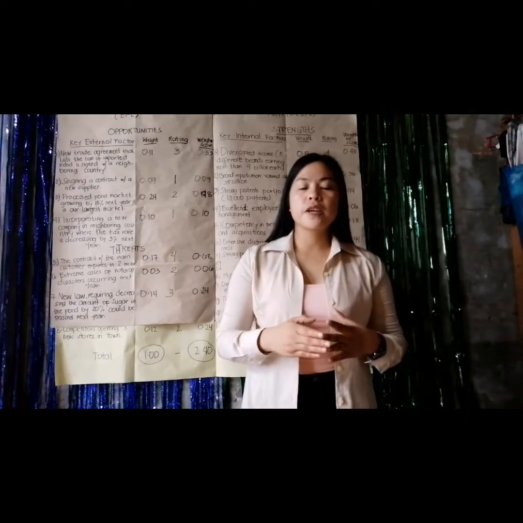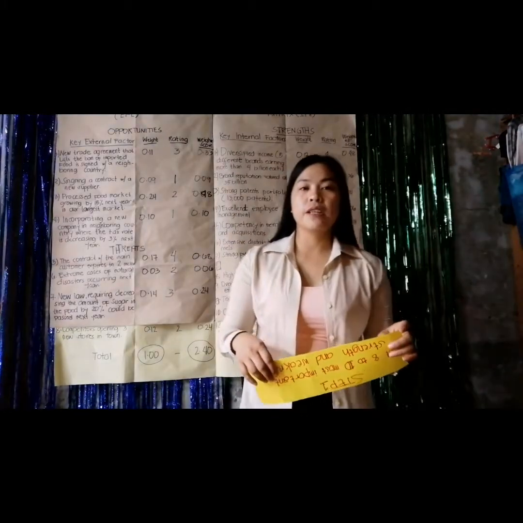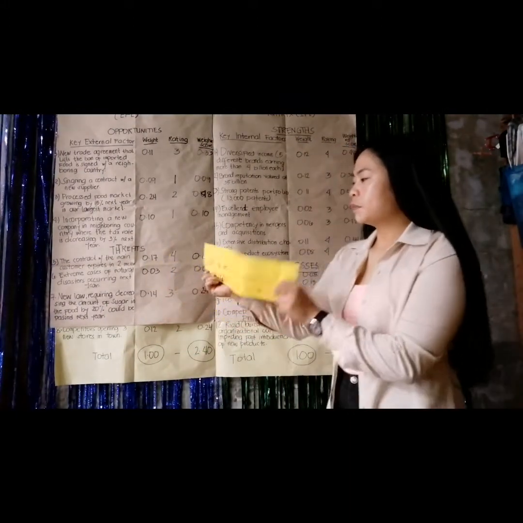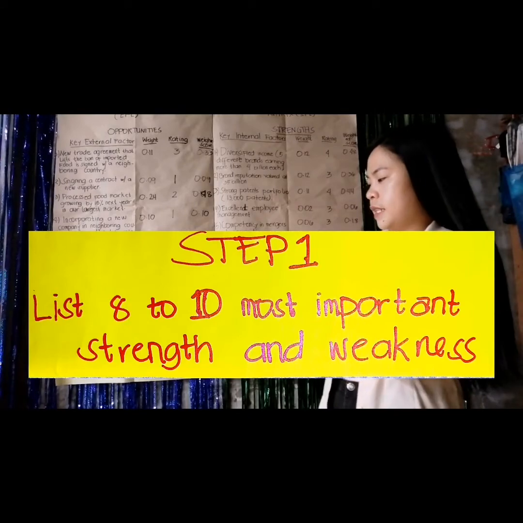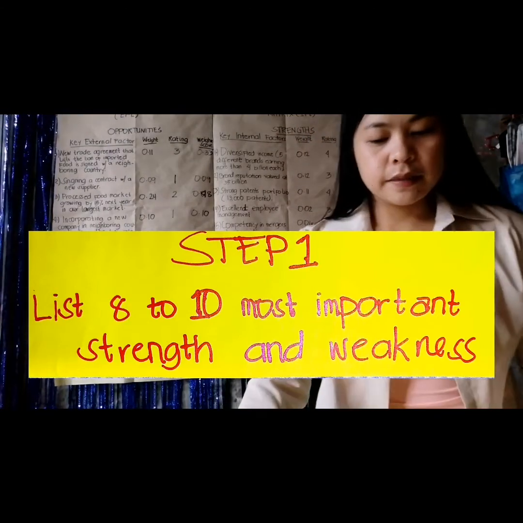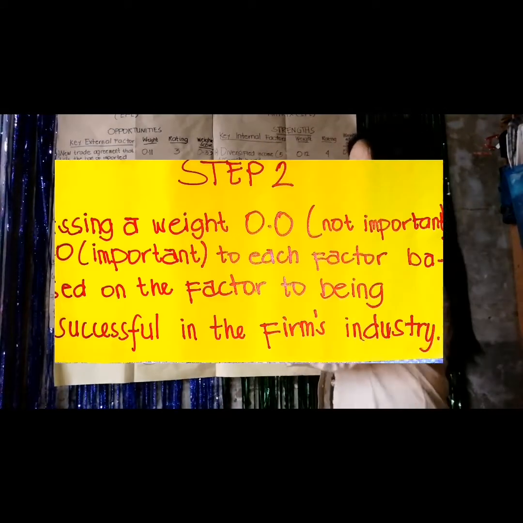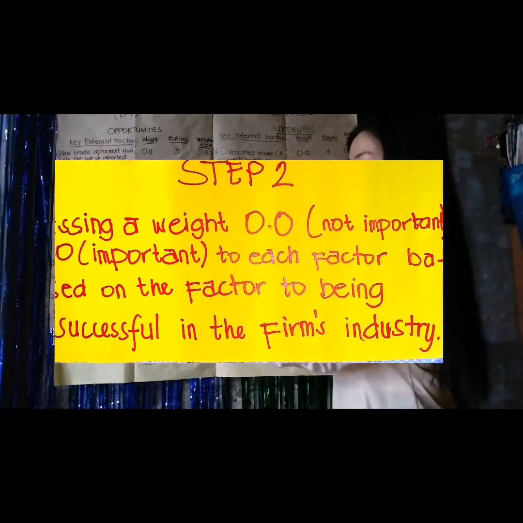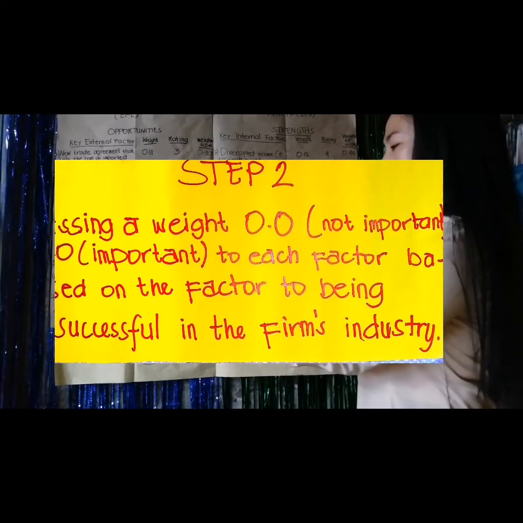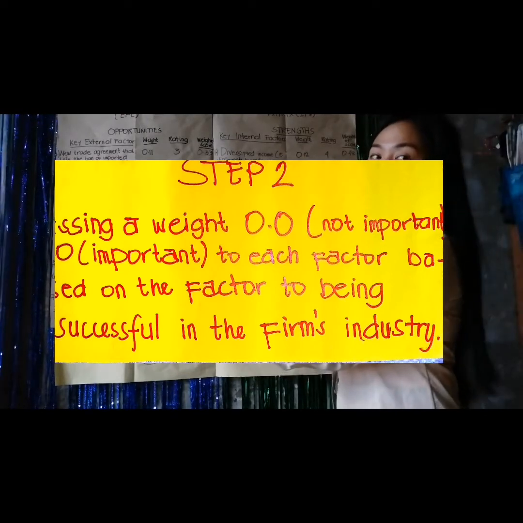For the IFE matrix, there are proper steps on how to evaluate it. First, we list the 8 to 10 most important strengths and weaknesses. Second, assign a weight from 0.0, not important, to 1.0, important, to each factor based on the factor's importance to being successful in the firm's industry.